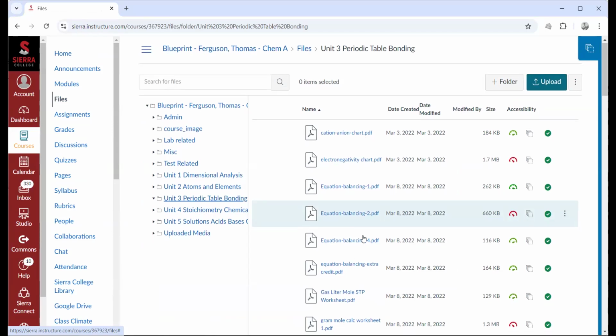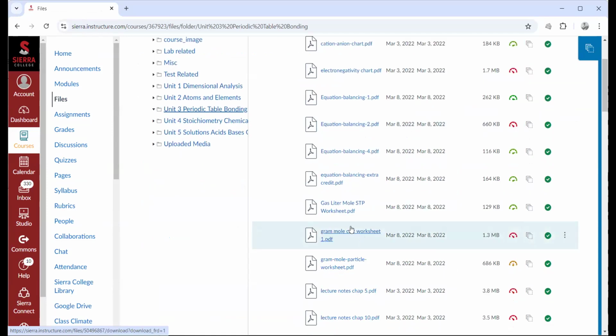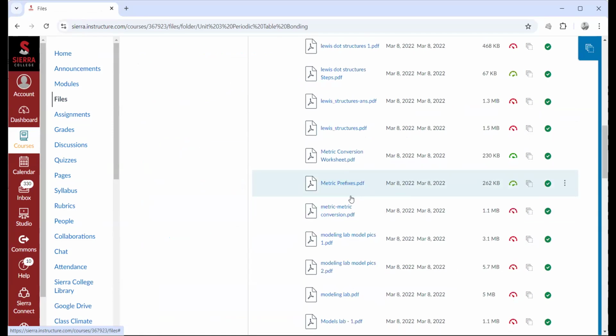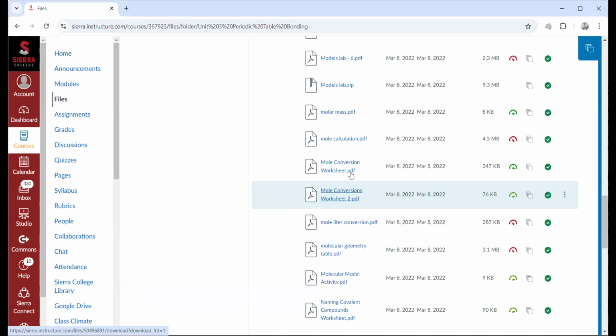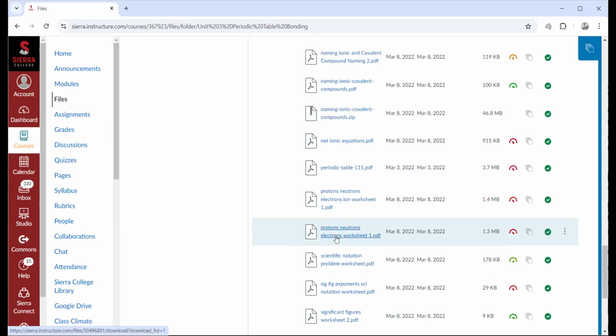There's a gram mole calculations worksheet, a gas liter moles STP worksheet, a grams mole particle worksheet, and mole conversion worksheets. Lots of practice in this. So if you feel like you need more practice, I've got tons of it for you. Okay. That's all I really wanted to cover today.